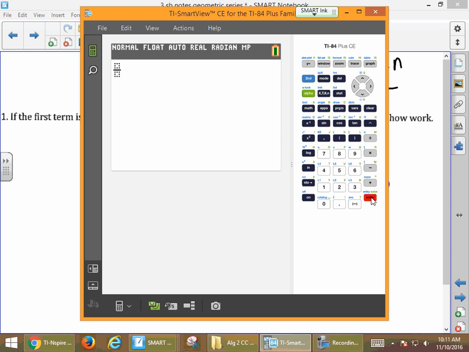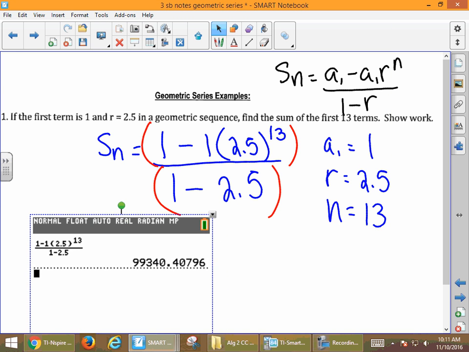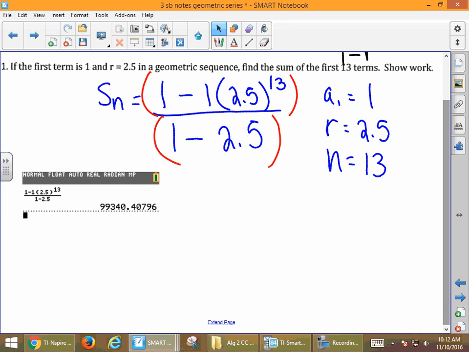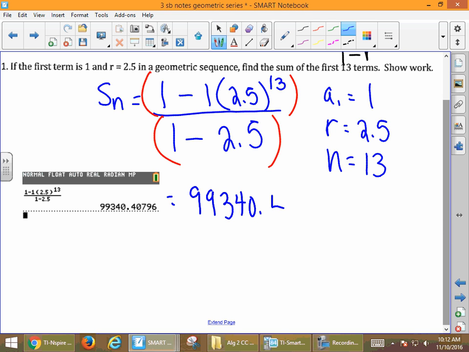And then we're going to type in that value. 1 minus 1 times 2.5 to the 13th divided by 1 minus 2.5. And that's going to give us our value here. If we add those first 13 terms of our geometric sequence together, we will end up with 99,340, and I'm going to round it to the nearest hundredth, 2 decimal spaces.